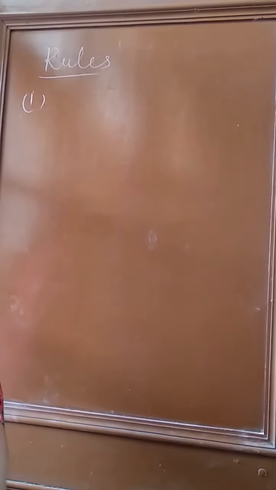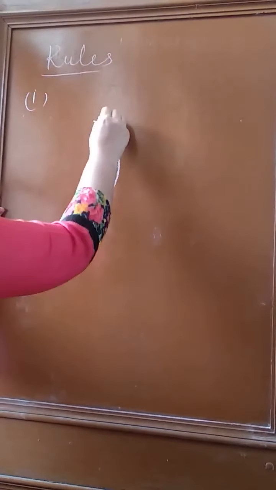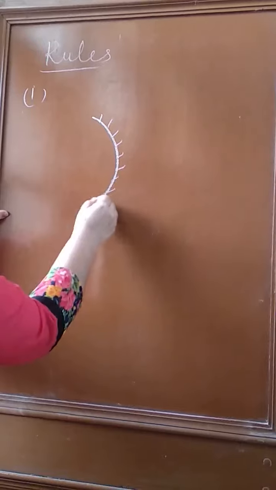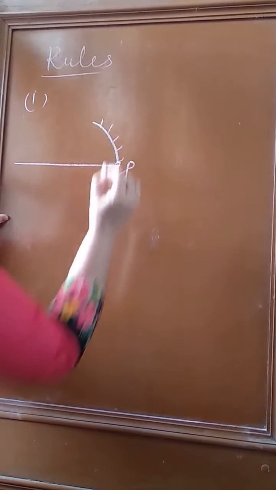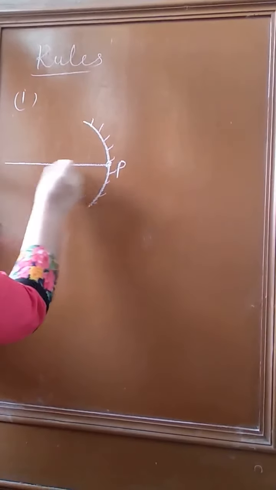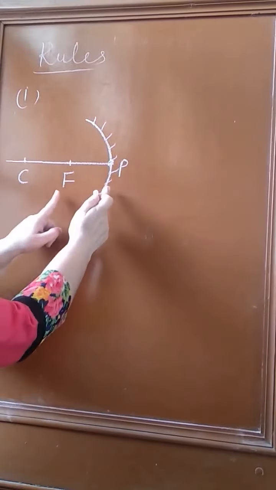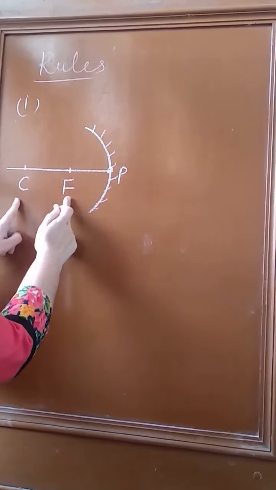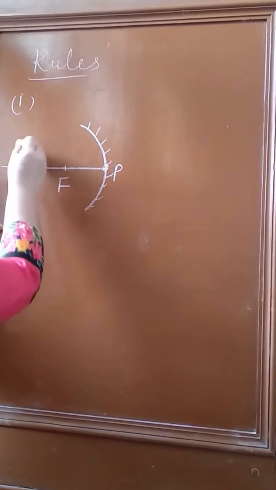First is for the concave mirror. This is the pole, focus and center of curvature. Now PF should be equal to FC. The distance between PF and FC should be equal.